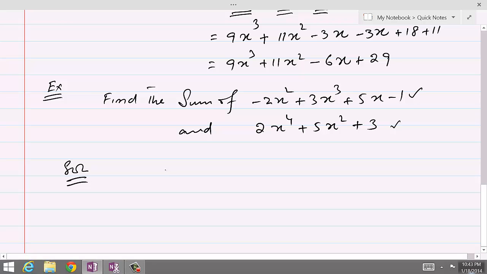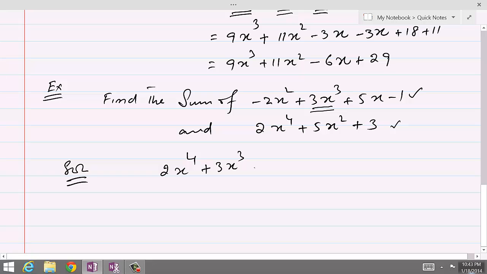The highest degree in both polynomials is 2x4 there, and there is no other term which involves x4, so we are fine. Let's move to x cube. Where is x cube? It is right here. Is there any other term which involves x cube? No, there is none. So plus 3x cube.